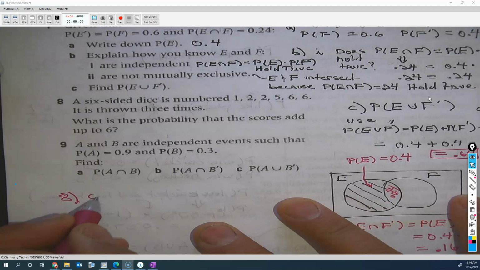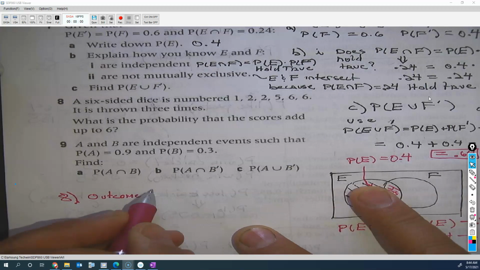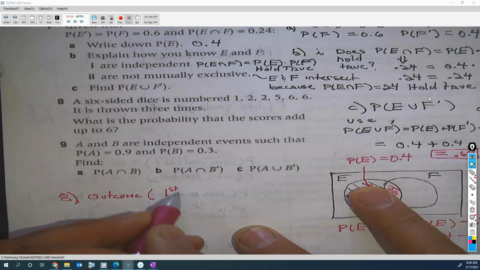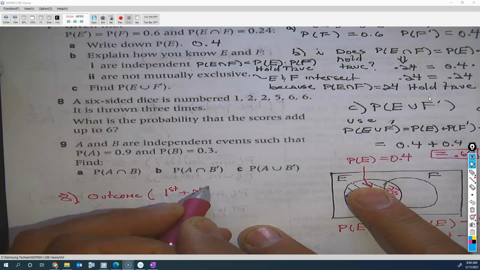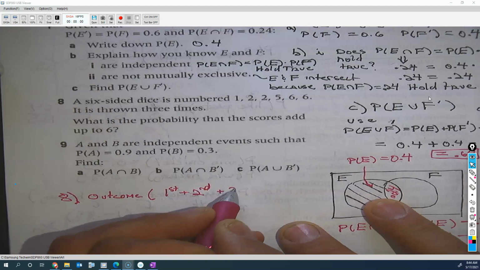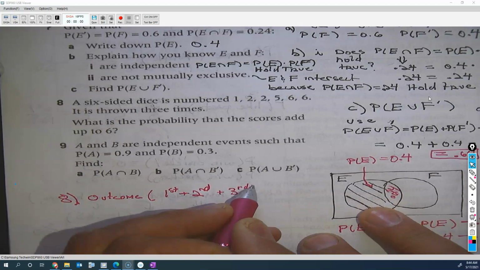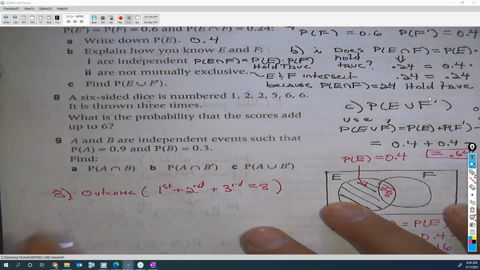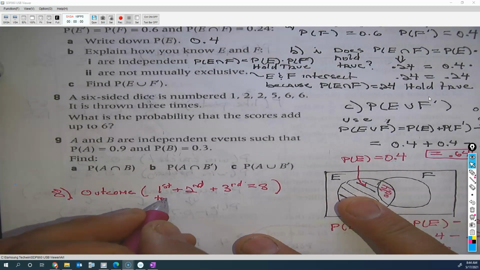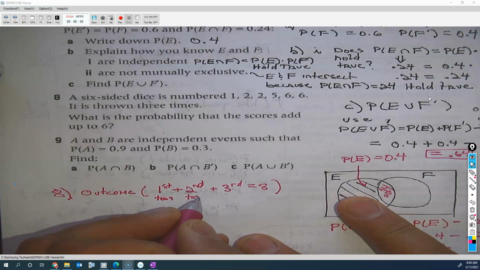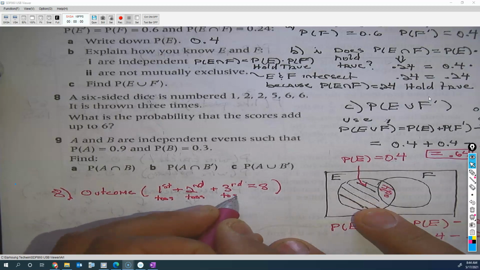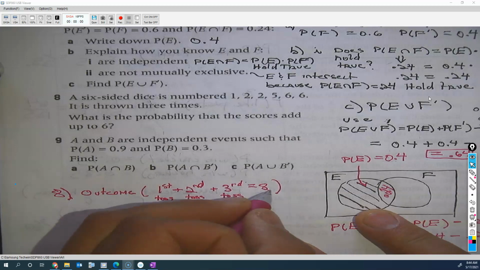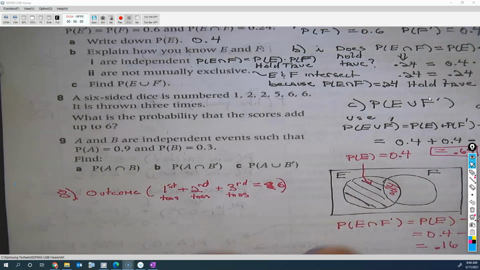So we're looking for outcomes where the first throw plus the second throw plus the third throw is equal to the target. That's the outcome that we want.